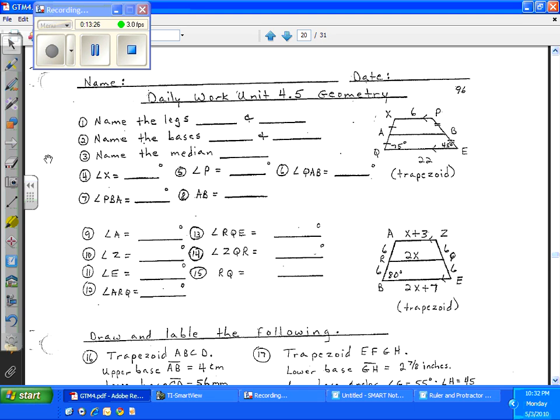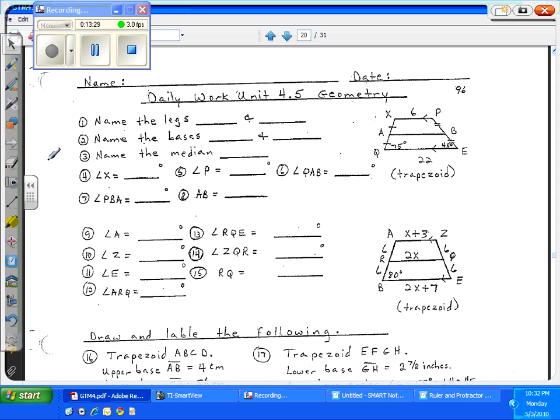Remember that a trapezoid is a quadrilateral having exactly one pair of opposite sides parallel. The opposite sides that are parallel are called the bases. We can call them base 1 and base 2, or we call them upper base, lower base.